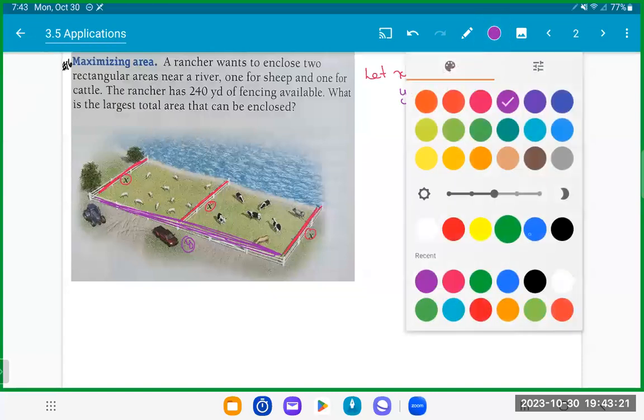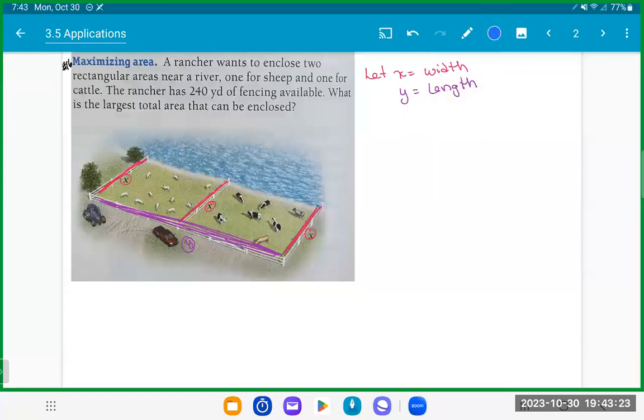Once we have that information, we can determine perimeter. If you remember back to maybe high school algebra or geometry, perimeter is adding all of the sides up. So my perimeter is going to be 3x plus 1y, and that has to be less than or equal to 240 yards of material, because I can't put in more fence than I have material to build it.